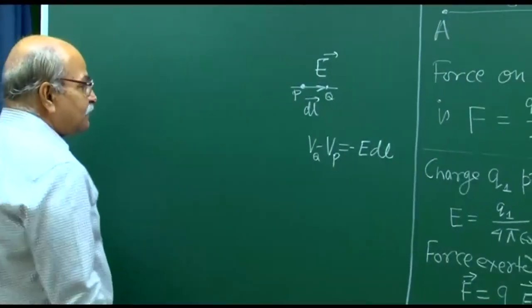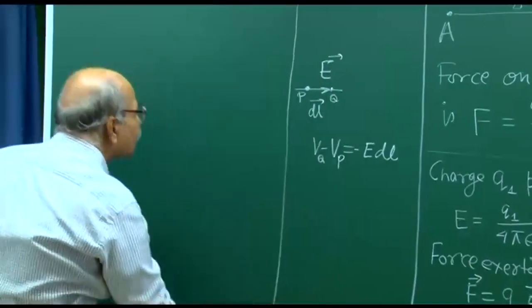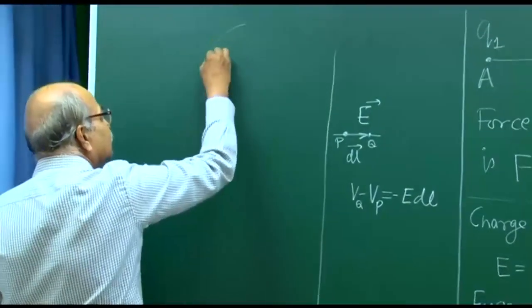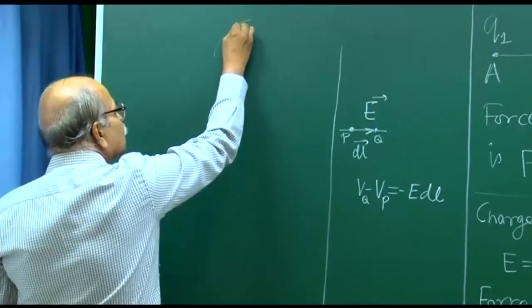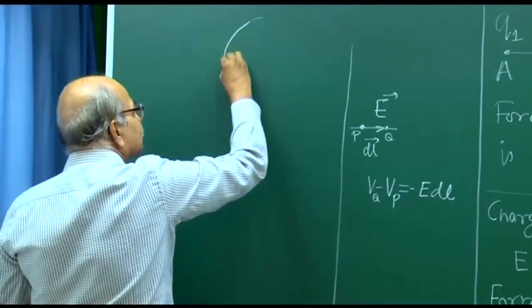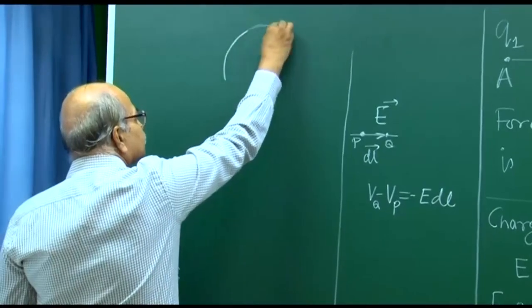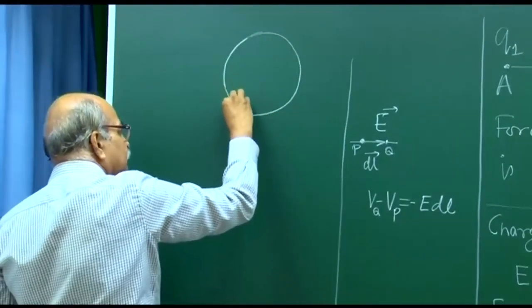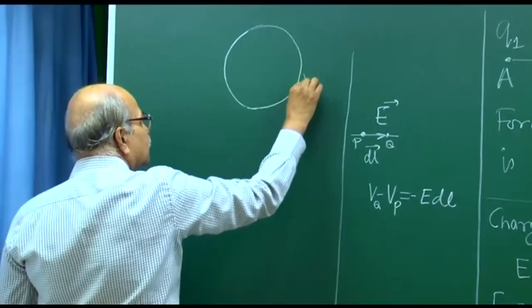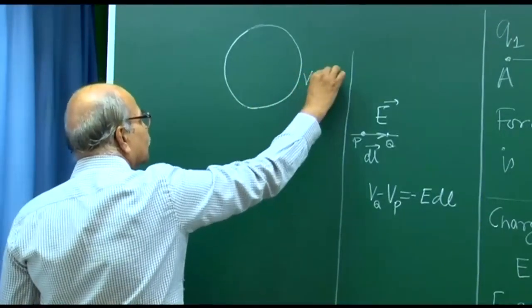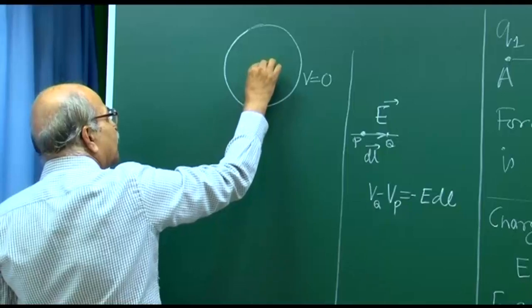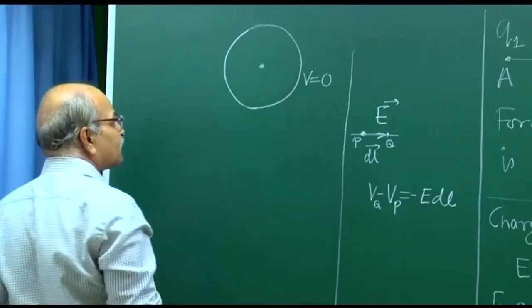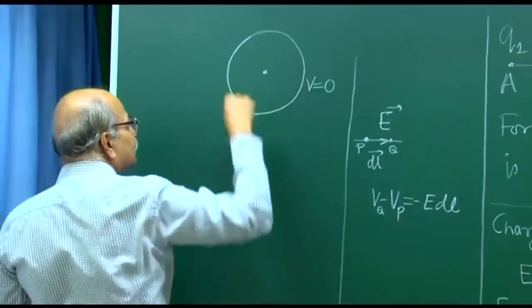So, what we had? We had an aluminum ring here which I assume to be at 0 potential. Then in the middle I put that positive end of the battery, so there is a higher potential here.